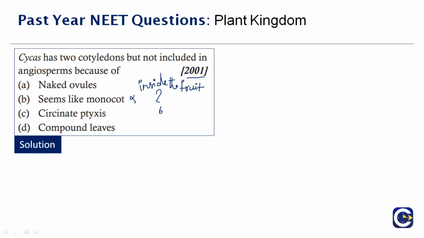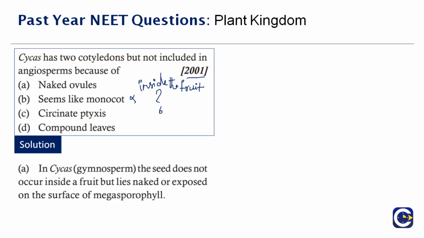So in Cycas, the seeds do not occur inside the fruit but lie naked or exposed on the surface of the megasporophyll. That is why, though Cycas has 2 cotyledons, still it is not considered under the angiosperms. Now you understand the reason. Therefore, the correct answer to this question is option A, naked ovules.